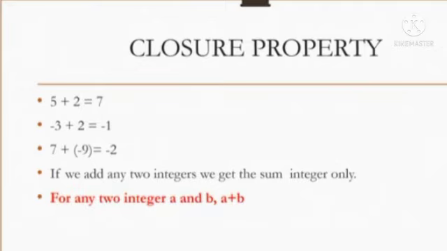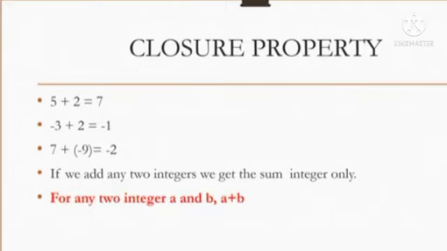And also we take minus 3 plus 2 is minus 1, because in addition, if the signs are different we need to subtract and put the bigger number's sign. Next example is 7 plus minus 9 is minus 2. Here 7, minus 9, minus 2 are integers.